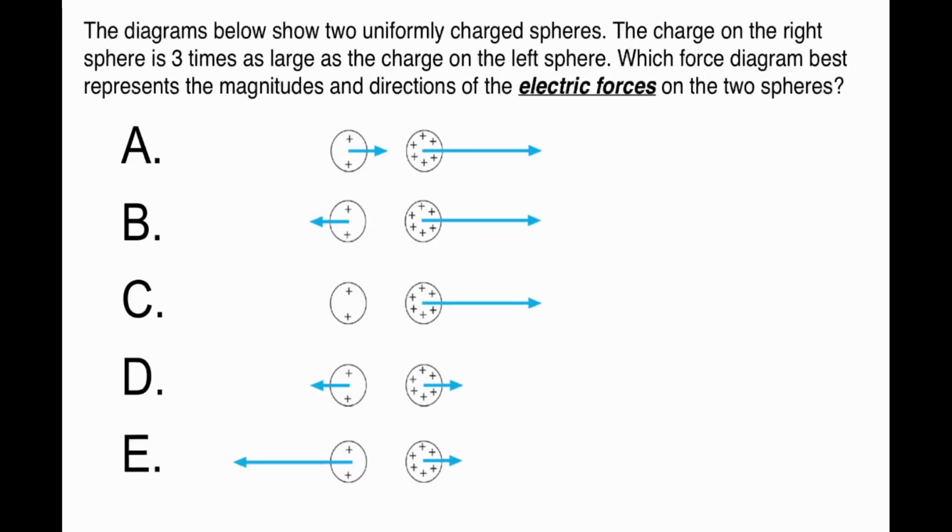All right. Try to lock it in. Go ahead and turn to your neighbors. Tell them what you picked and why. Go.